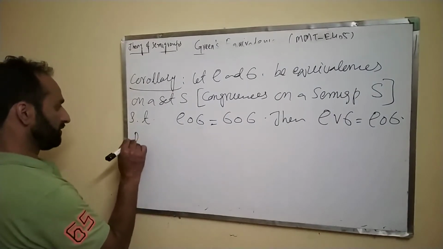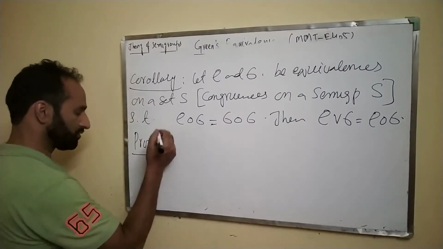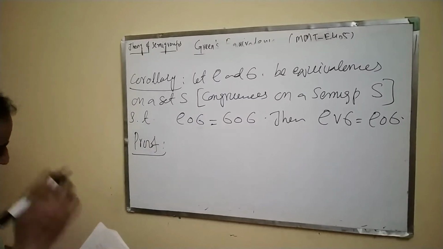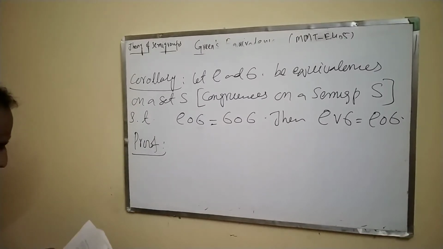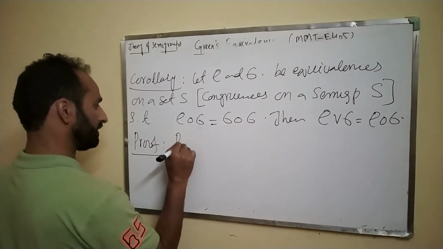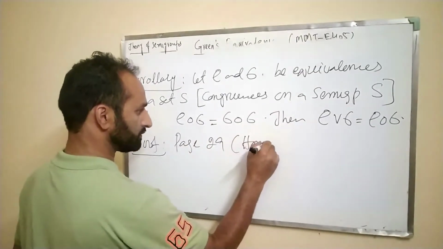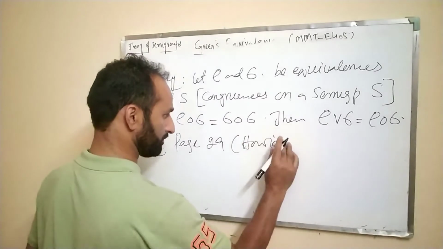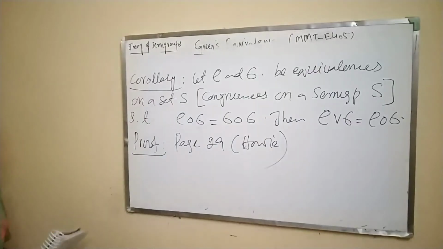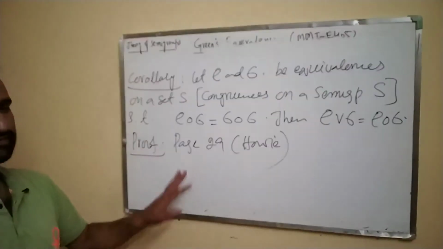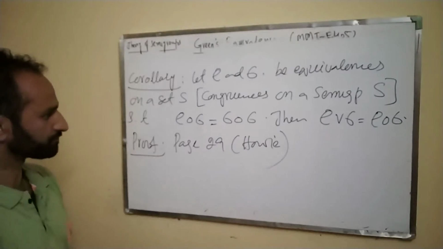So the proof is very simple. It follows from the previous theorem, and I will leave the proof here. You can see the proof at page number 29 of the book of Howie, Fundamentals of Semigroup Theory.